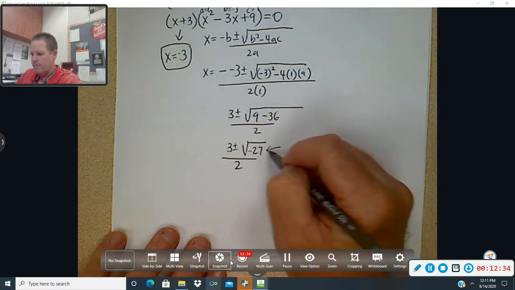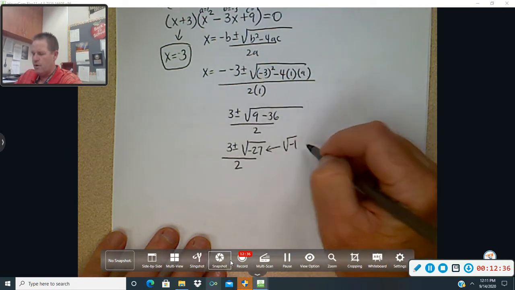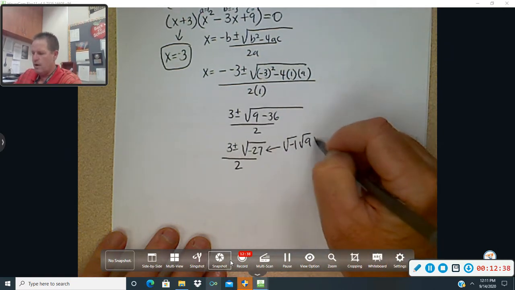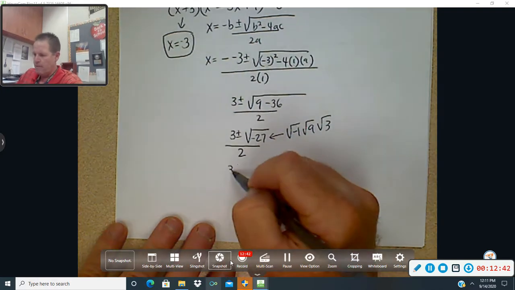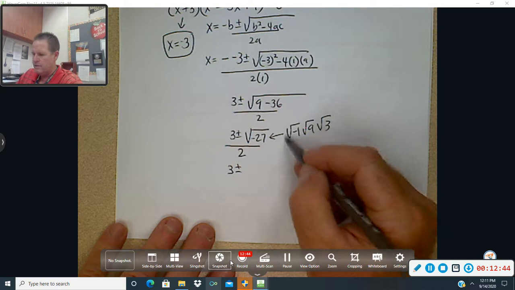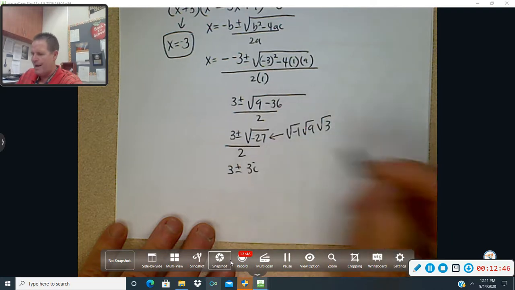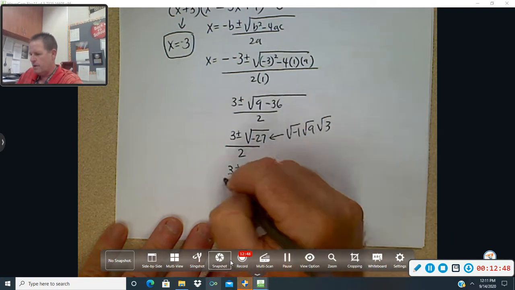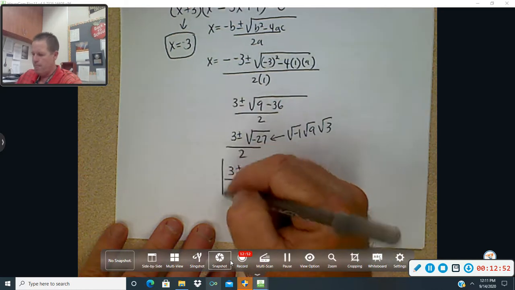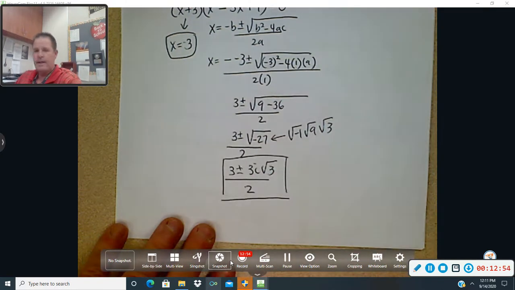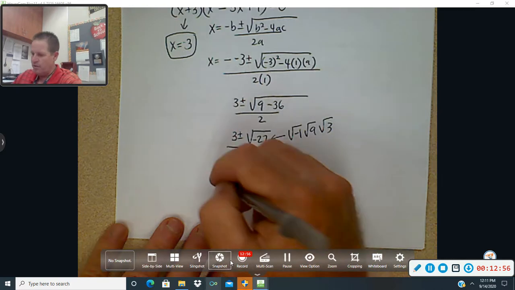And you can break up the square root of negative 27 into the square root of negative 1, the square root of 9, and the square root of 3. So that means that we're going to have 3 plus or minus 3i square root of 3 divided by 2. Okay? All right, so that gives us our 3 answers.